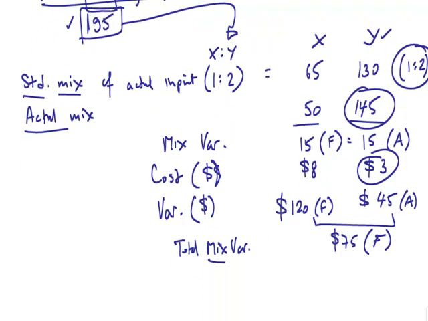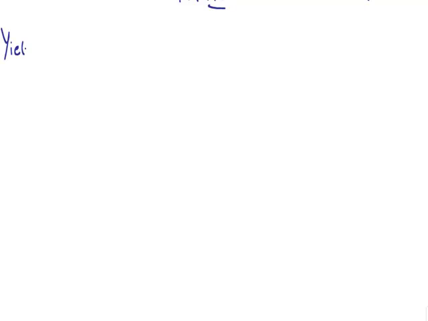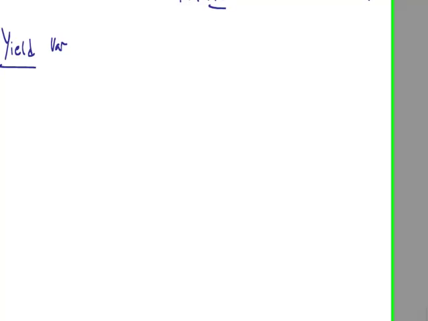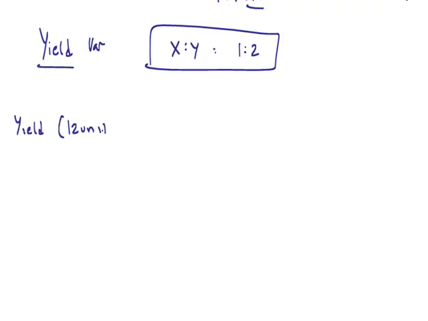Okay, now let's move ahead using the same basic data and think about this in terms of the yield variance. From the standpoint of yield, we're going to keep the standard mix of X to Y at 1 to 2 constant, and we're going to compare inputs and outputs. In other words, the yield achieved, 12 units, should have used how many kilograms?